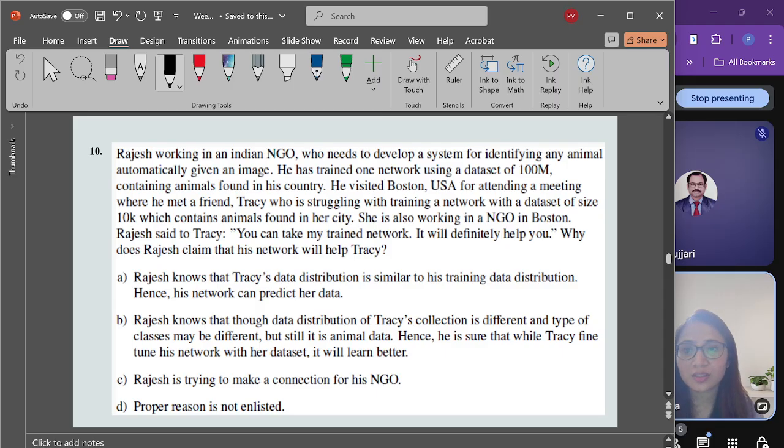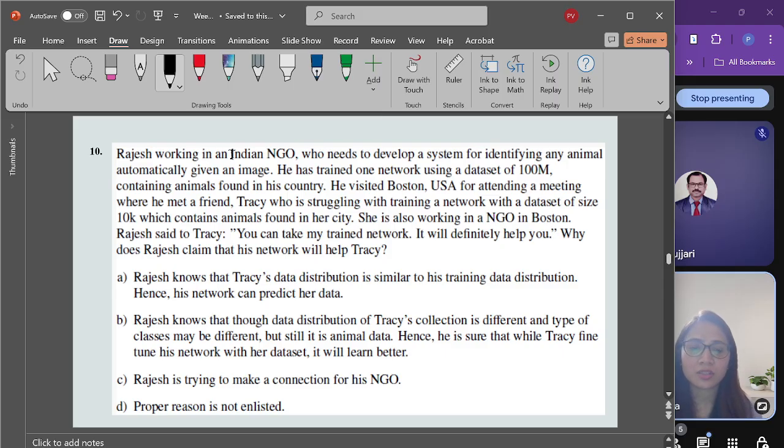So the question is: Rajesh is working in an Indian NGO who needs to develop a system for identifying any animal automatically given an image. Okay, he has trained one network using a dataset of 100 million images containing animals found in his country.